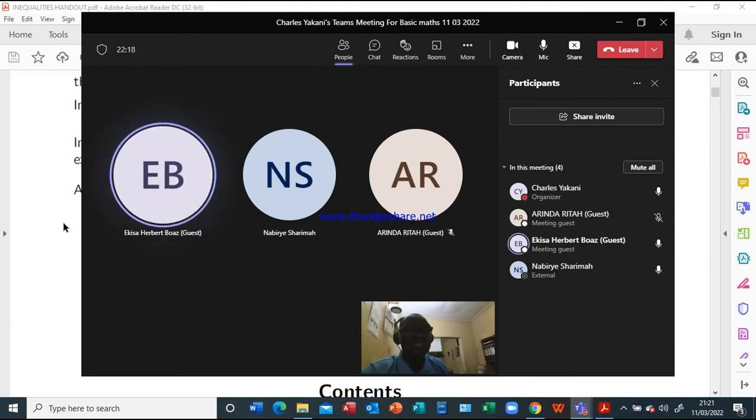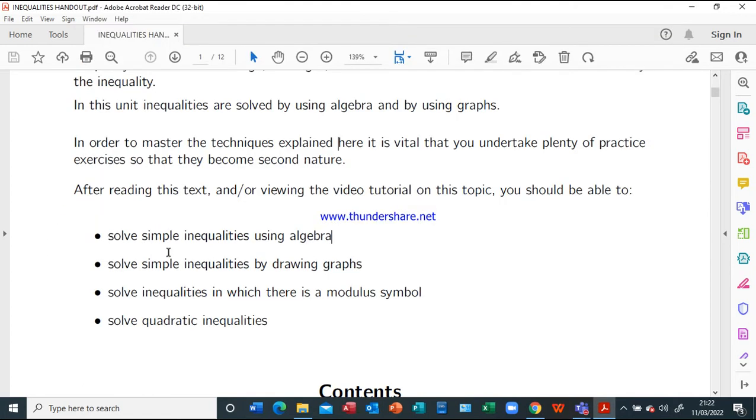Okay, I'm back to where I was talking about solving linear inequalities. You use methods like algebra, similar to solving linear equations, only that instead of using the equal sign, you use the inequality sign. The second option is to plot graphs.